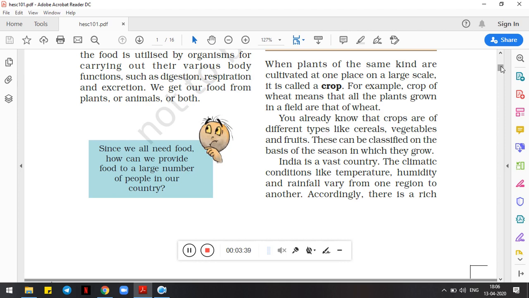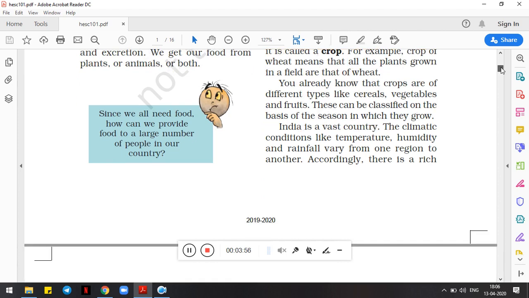That means climate in Gujarat is different from climate in Kashmir, isn't it? So accordingly the crop is grown seeing the climatic condition.